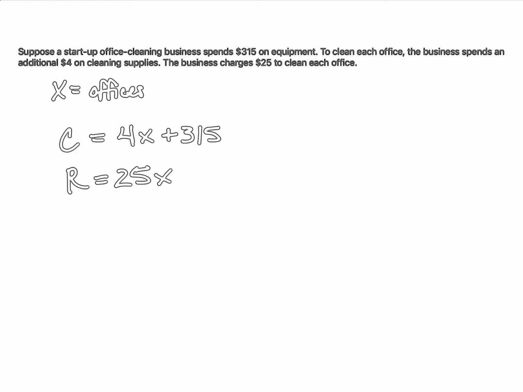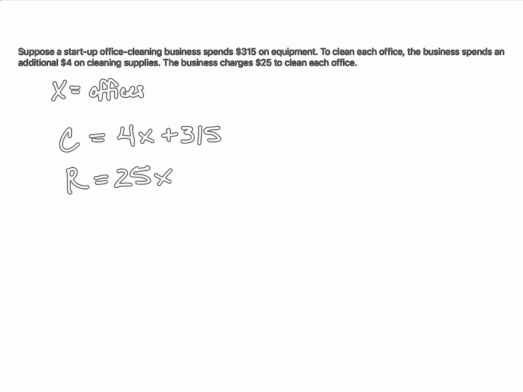Then the revenue is going to be $25 times however many offices we clean. Now, when will we break even? A lot of business owners, small or large, want to not only break even, but start making some profit. You can only make profit when you've covered all of your costs and you still have money left over.